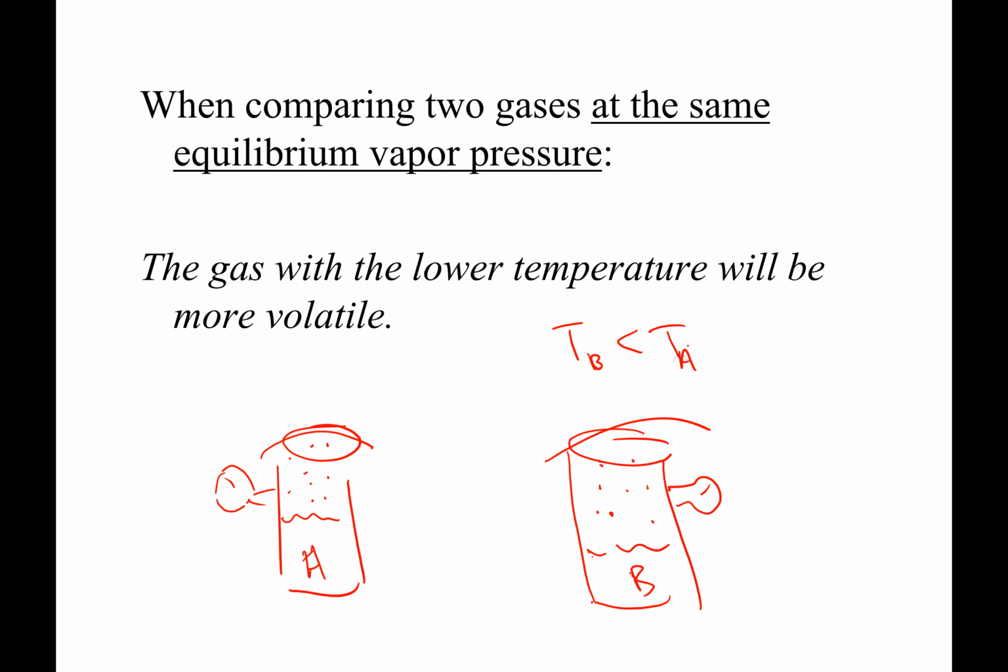Because it's more volatile. To be at the same equilibrium vapor pressure, I have to cool down the one that's volatile. You're going to see some equilibrium vapor pressure curves in a minute. Whatever pressure something exerts, the equilibrium vapor pressure, is a function of the temperature.